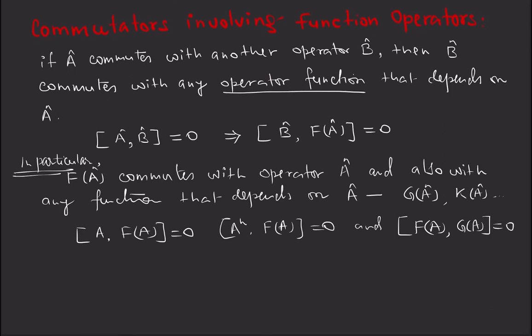Now we learn about the Hermitian adjoint of function operators. So friends, in the previous lecture, we learnt about the Hermitian adjoint of operators. Now we will talk about the Hermitian adjoint of function operators.